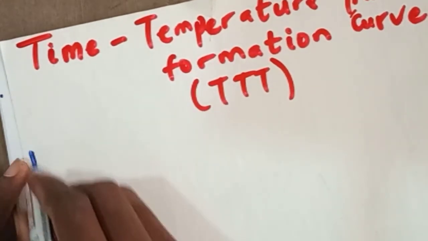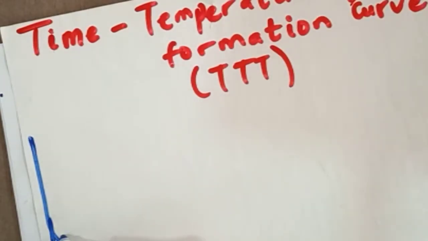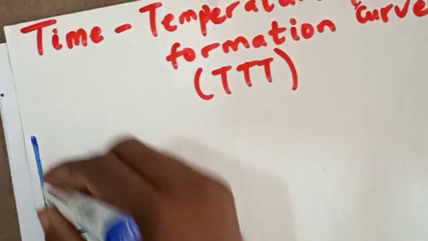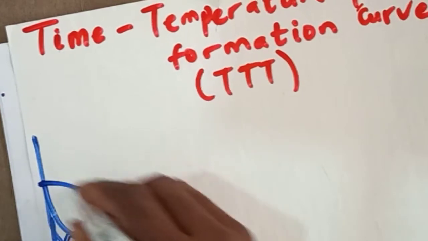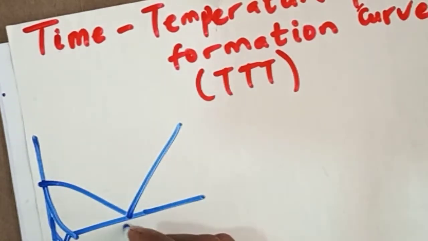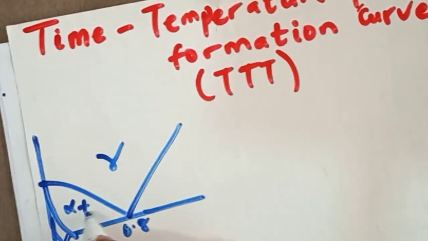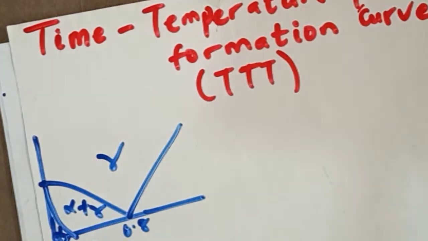Now let me just quickly draw this again. Okay, you remember this temperature 723, remember this 910 degrees Celsius. This is our eutectoid point. Then we raise it up. This is 0.8, right? Let me just write it. This is 0.02. This is austenite, and this is alpha plus austenite, and this is alpha.